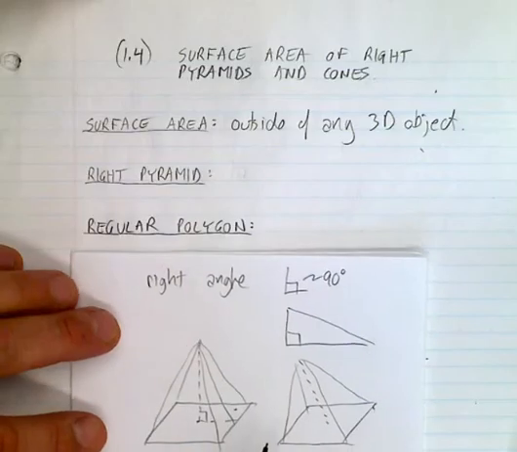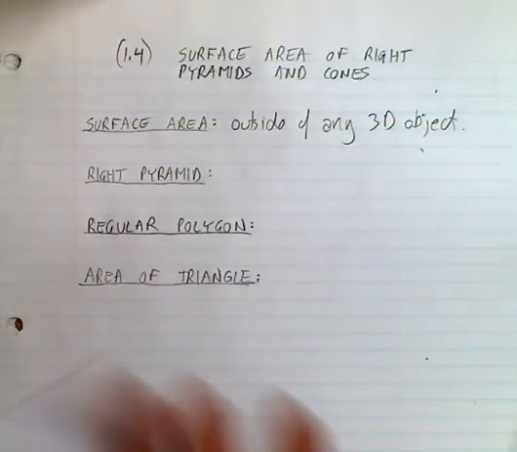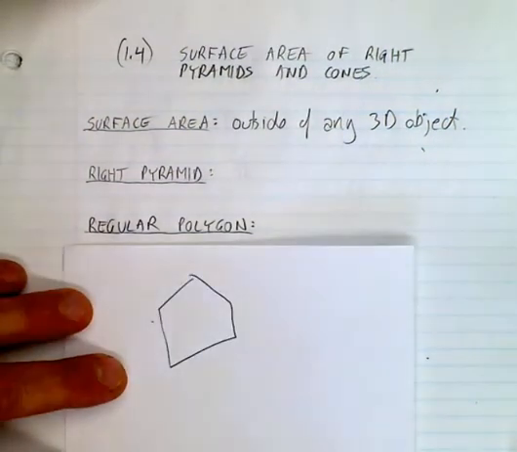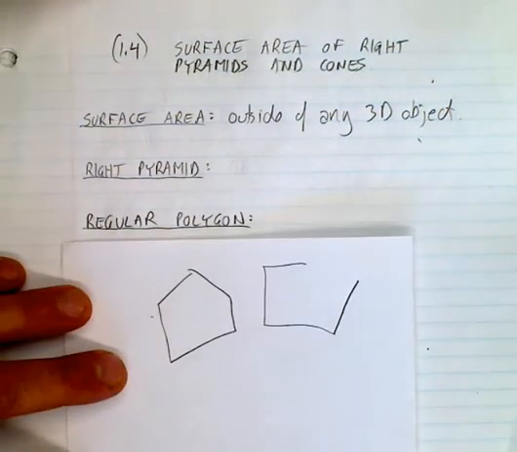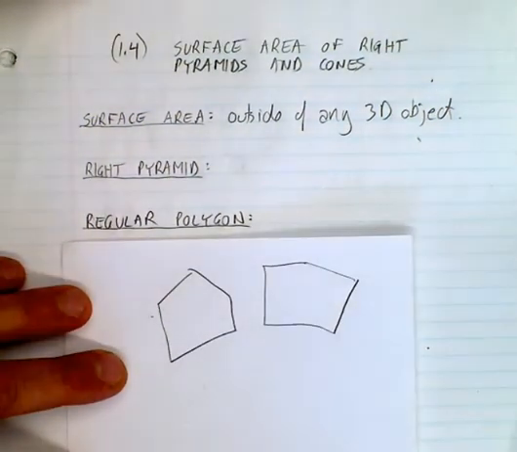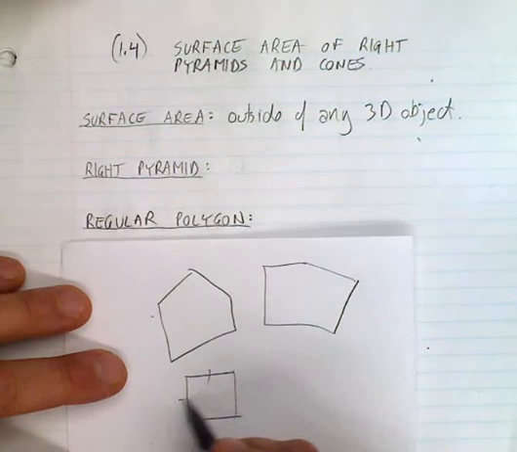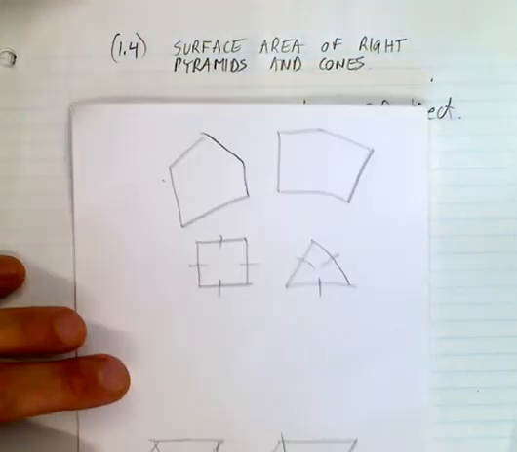Now a regular polygon. A polygon is any shape, okay? This is a polygon. It's what we call a closed figure. This is not a closed figure. If you close it, now you have a polygon. A regular polygon is when all the sides are the same. So you can have a square, all four sides are the same. You can have what we call an equilateral triangle, all three sides are the same.